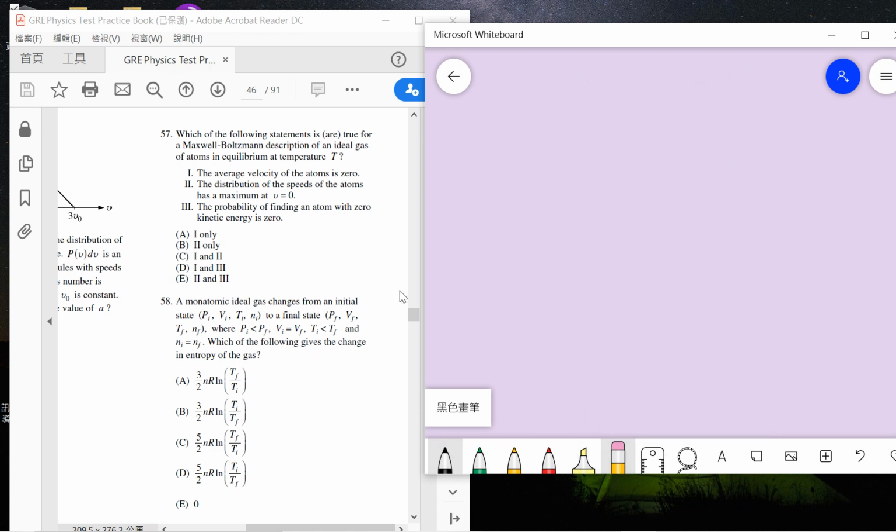Okay, so 55 is basically asking about the final state. You start from the initial state and the final state, and you see that the volume is fixed, and they give the entropy.